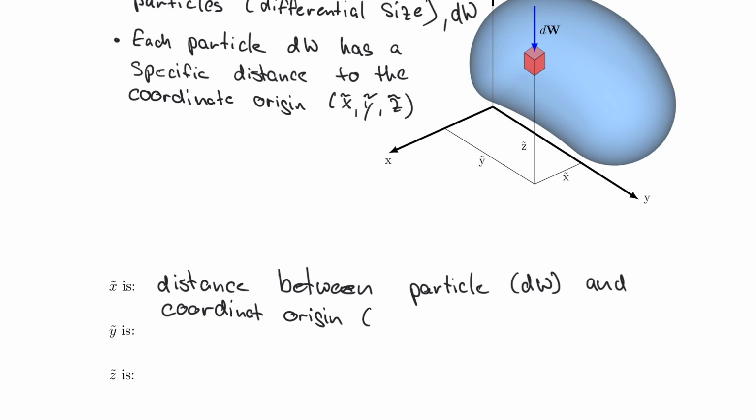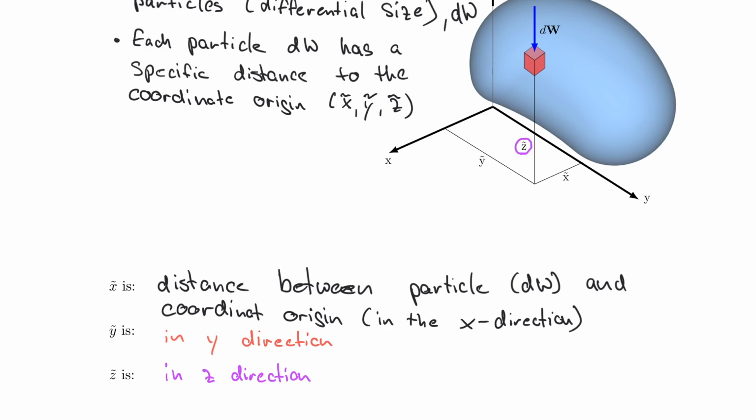And in this case, it's in the x direction. And of course, I have the same for the other directions. So I have here for the y direction, and I have the z direction. So just to be clear, here I have my z direction, then here I have my y direction, and here I have my x direction.